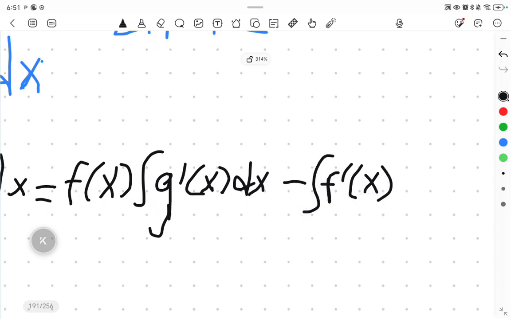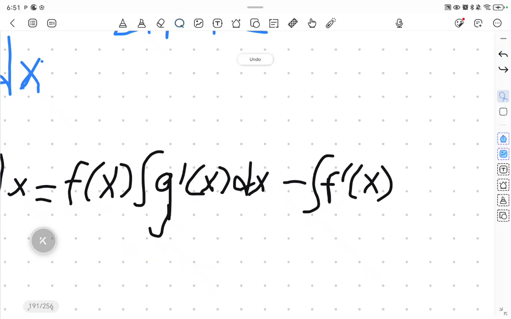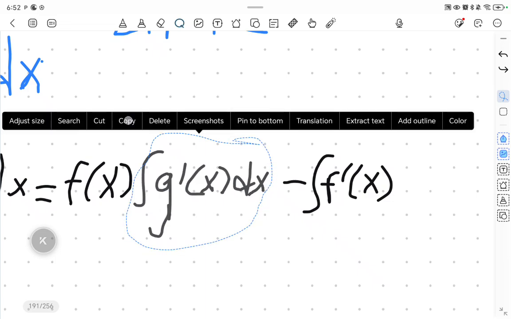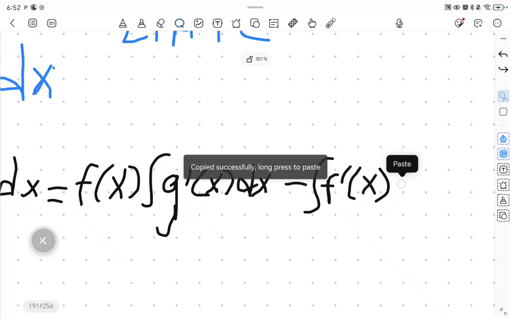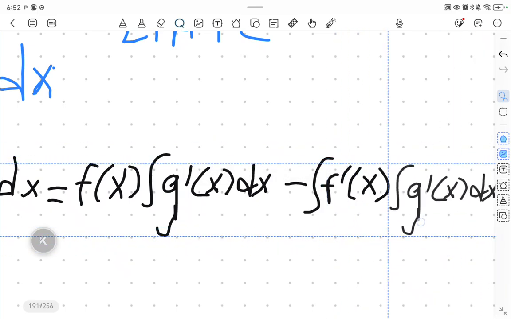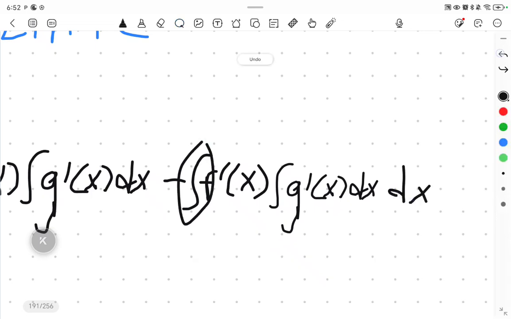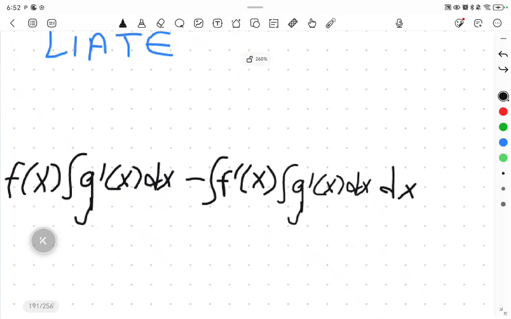So I'm just taking the integral and then I make this one f prime of x. Then I take this as it is. You see that? I can even copy it. Put the dx here to go with this one. You see, right?